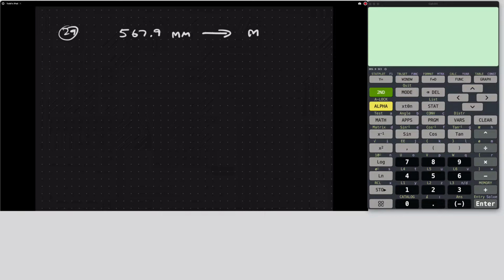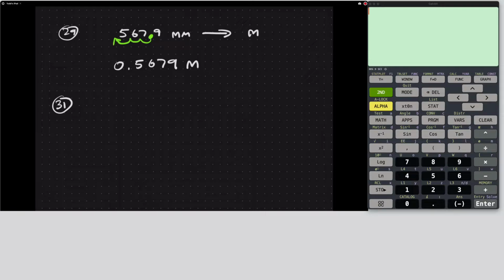So we're going to take this decimal right here and move it 1, 2, 3 units to the left. So the answer for this is going to be 0.5679 meters.